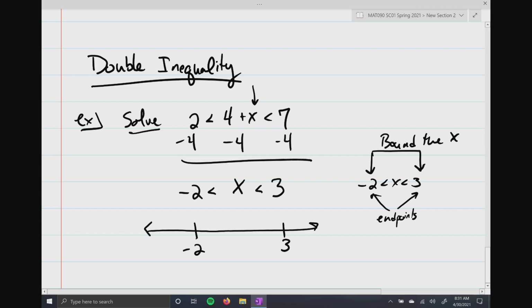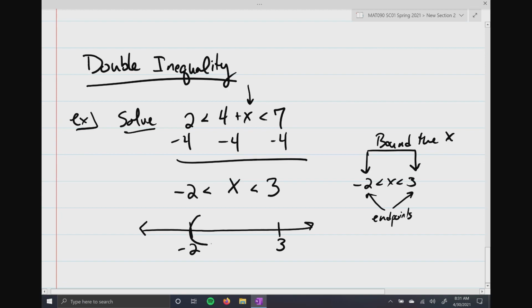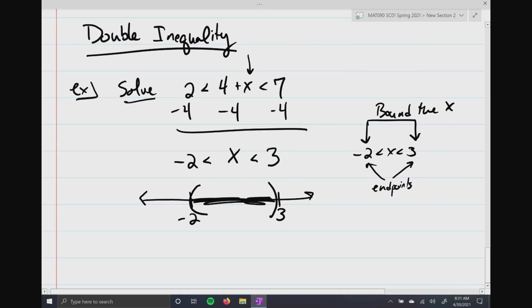So if that's the case, when you go to graph, since they are less than, you're going to use parentheses, an open and close parenthesis. Okay? And you shade in the middle. And if you could just do that correctly, the interval notation is staring you in the face.